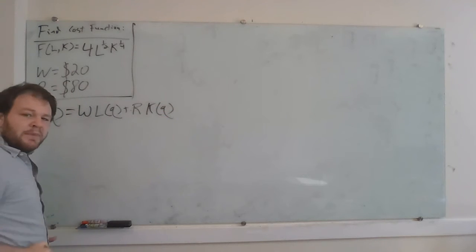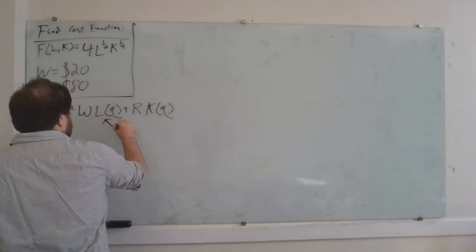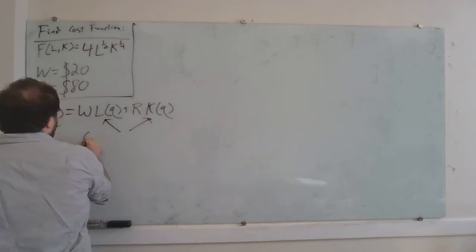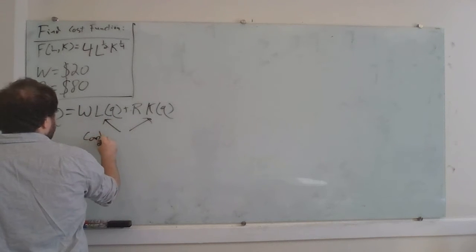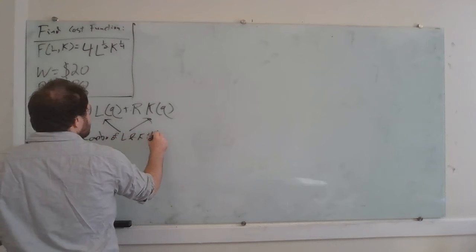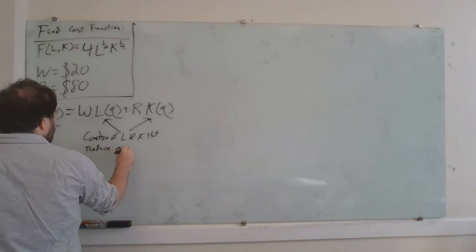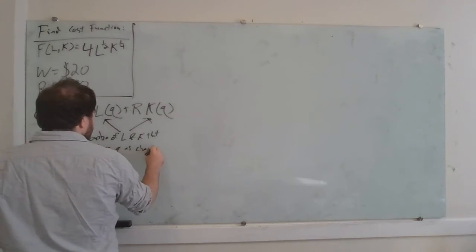Right, makes sense? And importantly, L of Q and K of Q are the combo of L and K that produce Q as cheaply as possible.